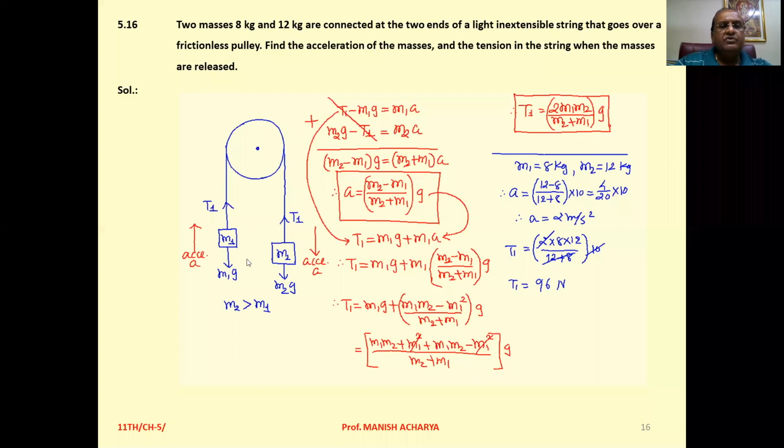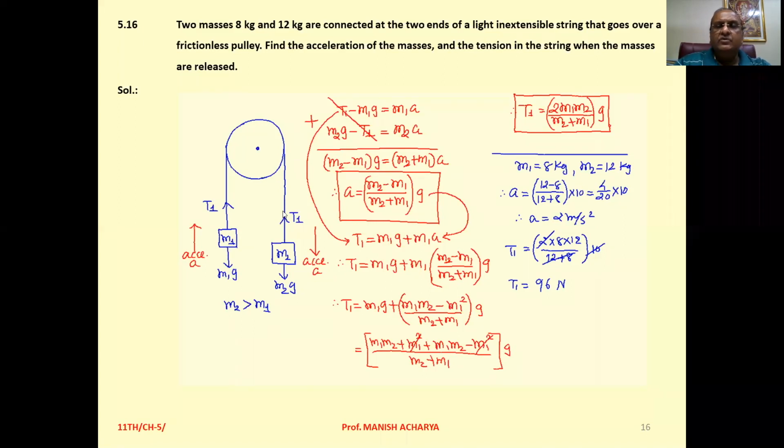Now see, as shown in the figure, we have two masses suspended at the free ends of the string, which is passing through the pulley. Here, arbitrarily, we consider mass M2 is greater than mass M1.